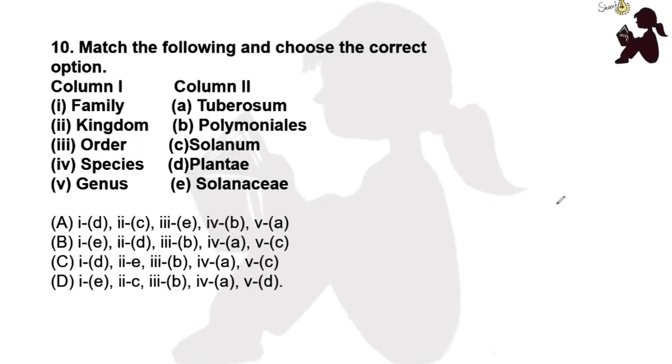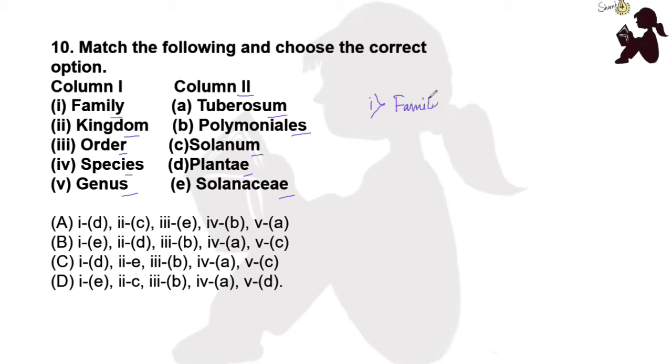This question, the question is match the following and choose the correct option. In column 1, the family, kingdom, order, species, and genus are given, and in column 2, tuberosum, polynomial, Solanum, Plantae, and Solanaceae are given. Okay, so we know that family name ends with aceae.